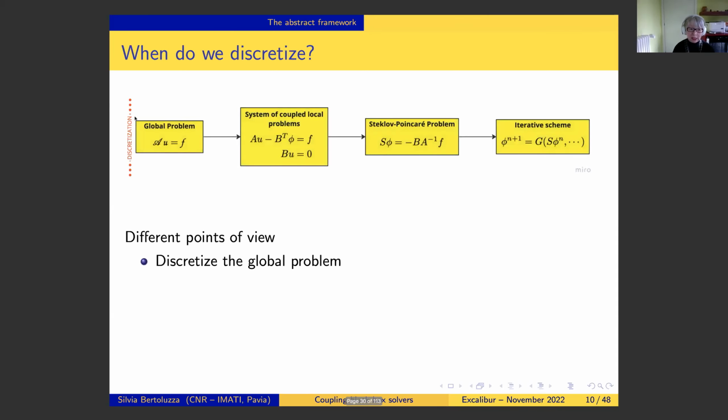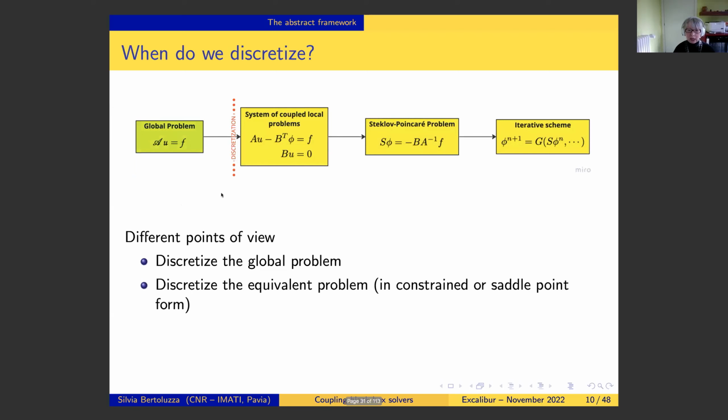You could discretize it at the level of the starting global problem. This gives you the usual algebraic point of view of having the global problem become a huge linear system of equations, and then you parallelize it by splitting it as coupled problems and so on and so forth.